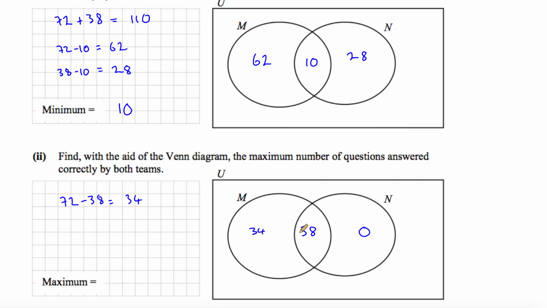So again, we still have a total here of 72, with none over here in N only, and a maximum of 38 answered correctly by both teams. So that's the end of question number 3.